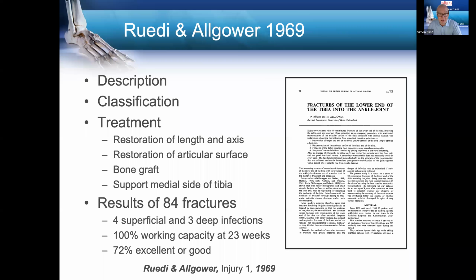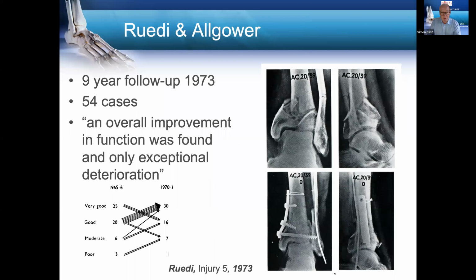And amazingly, on an average of less than 1 year, patients had returned to what they described as 100% of working capacity, and they had an amazing 72% excellent or good outcomes. Ruedi then published a few years later his 9-year follow-up of the same cohort.